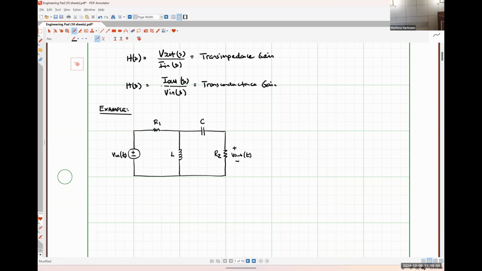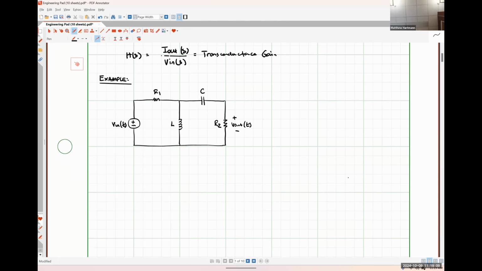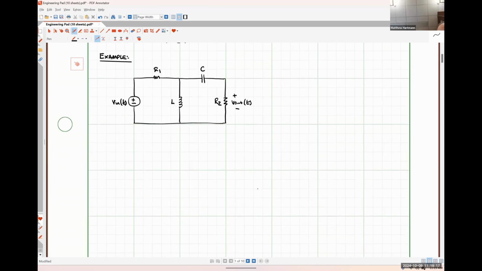So the first thing that I'm going to do is convert this circuit from the time domain into the S domain, okay? And so that would simply be replacing my voltage source with its S domain equivalent, so just the Laplace transform of whatever our input signal happens to be. My resistors are going to stay resistors.